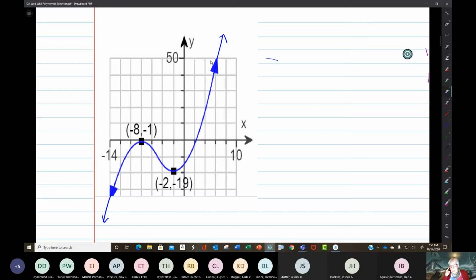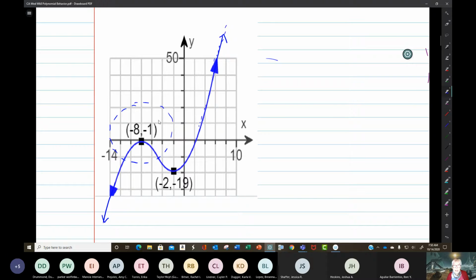However, even though all of these points up here are higher than that point, in its own little neighborhood, this is the highest point. This is like coming up out of the ocean and you've got a hill and then you've got a valley and then you go up to really high mountains.